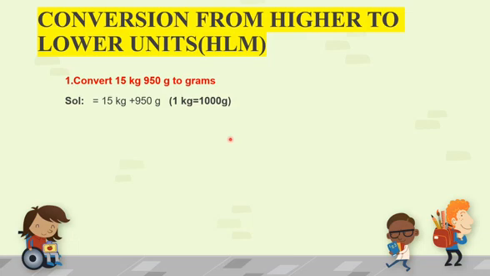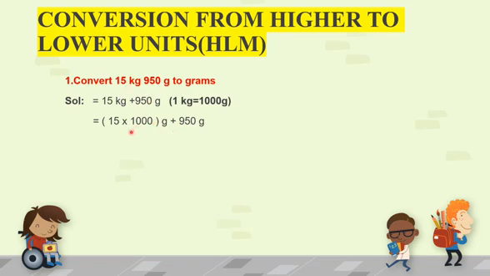And so we will multiply 15 by 1000. 15 into 1000, then within bracket, gram plus 950 gram. Now 950 is already in gram. We don't have to convert it. We only have to convert kg into gram.